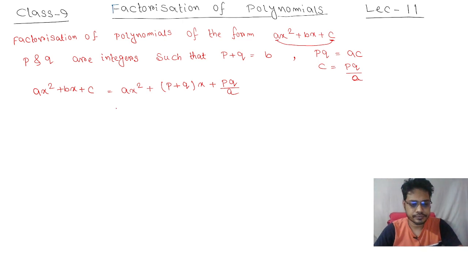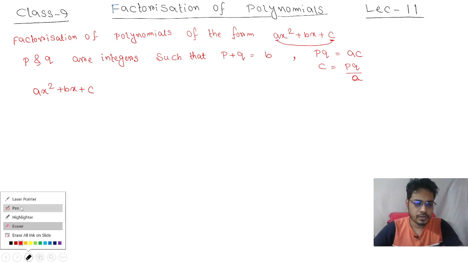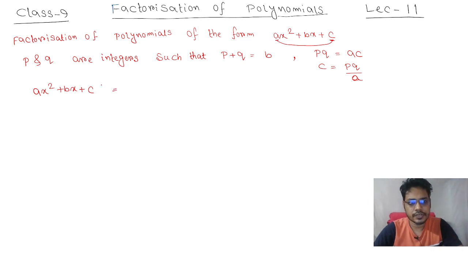So now it is ax square, that means ax whole square, so a square x square. Just we can write this in the form ax square, that means a into x square, plus b into x.